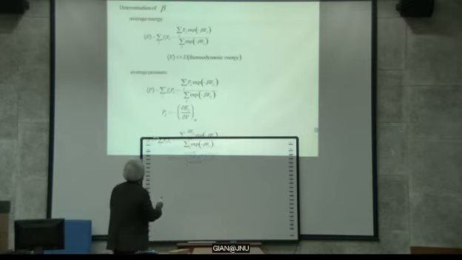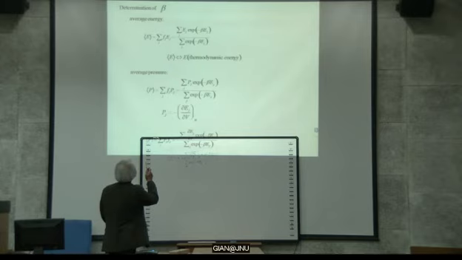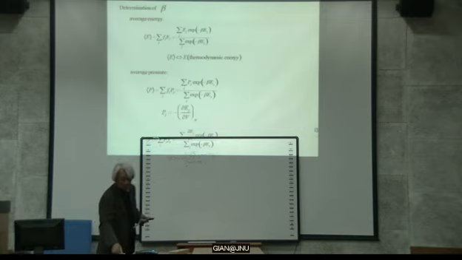So now we have two thermodynamic quantities, average E and P, which can be compared with the thermodynamic quantity itself.